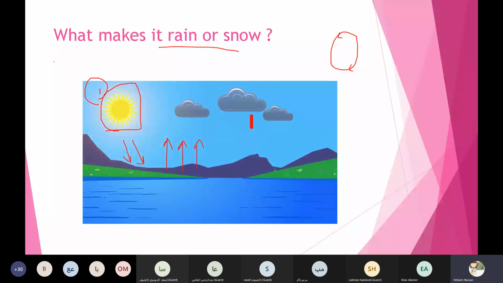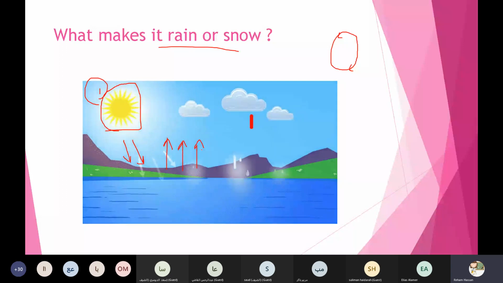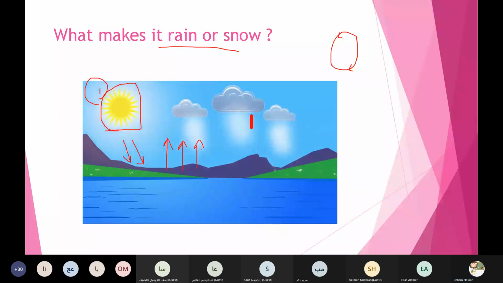Okay, and some of this earth water turns into water vapor. This water vapor goes in the sky. It turns into the air and then in the sky.